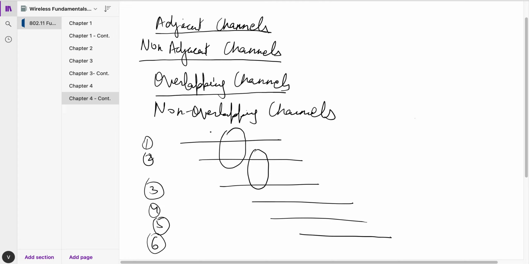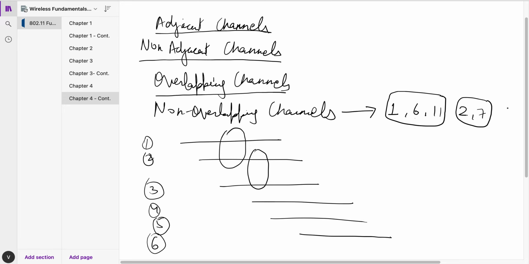And all those channels whose frequencies do not overlap are called non-overlapping channels, like a combination of 1, 6, and 11. Also 2 and 7, 3 and 8, and so on.